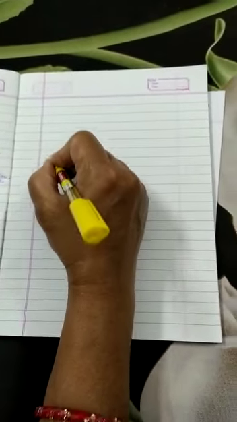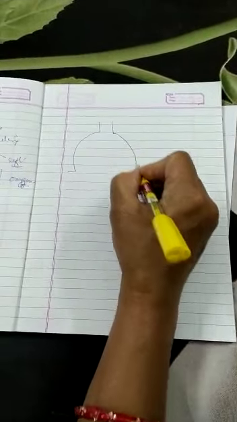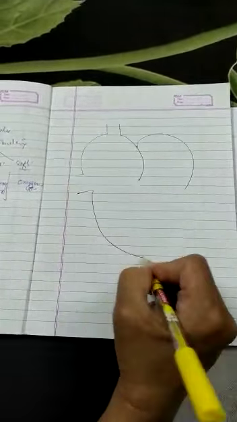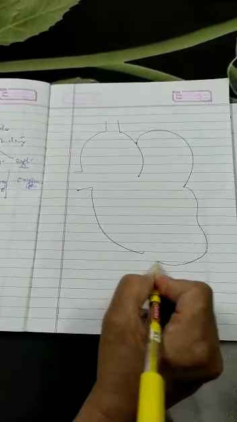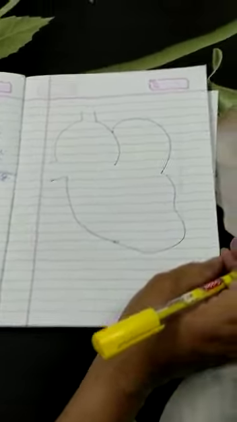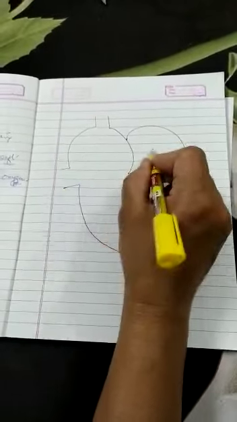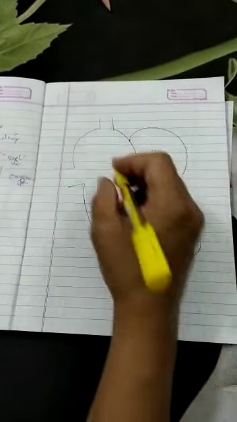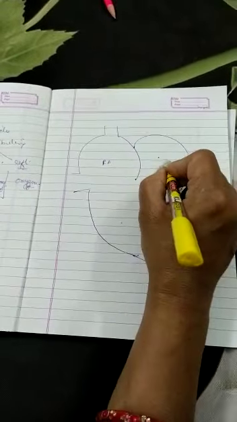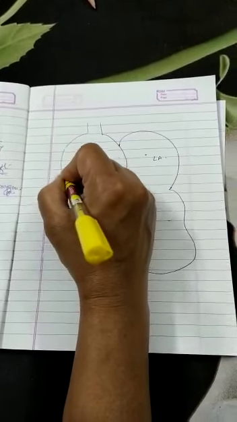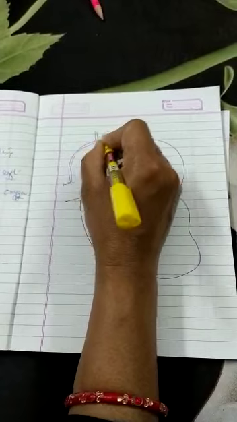Keep in mind what I draw. These are the auricles and these are the ventricles. This is the right auricle and this is the left auricle. The auricles are very thin walled.